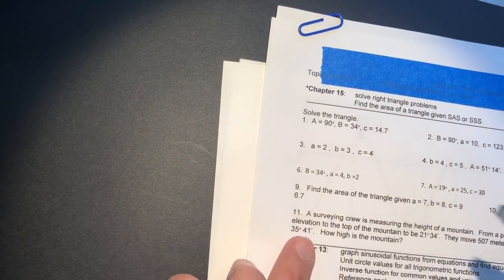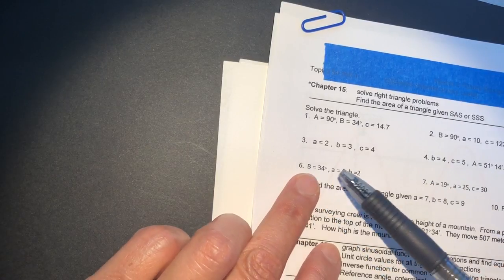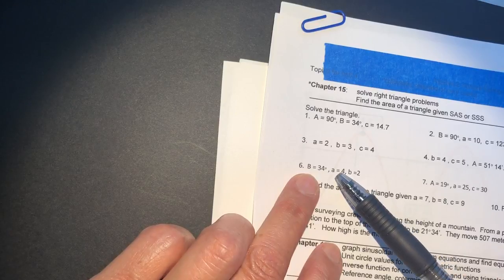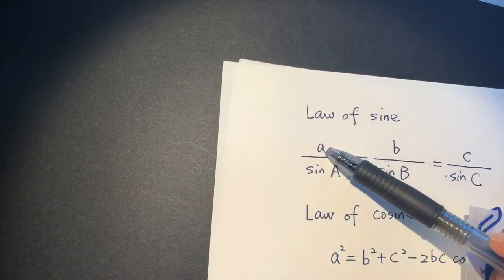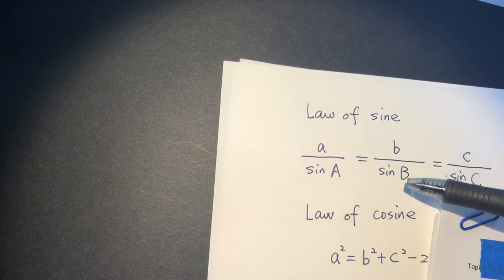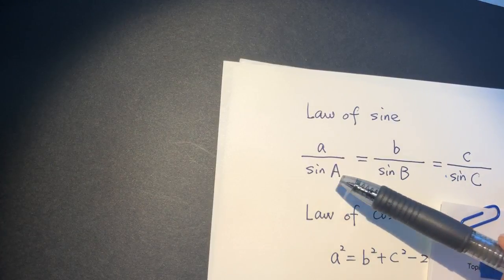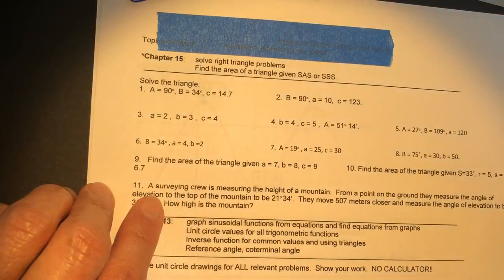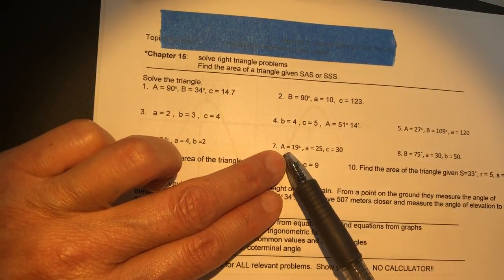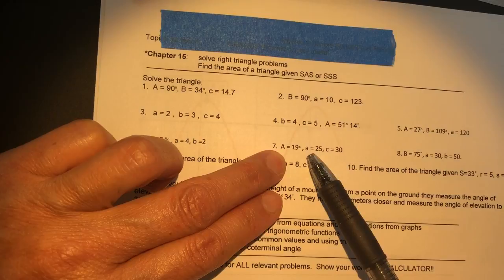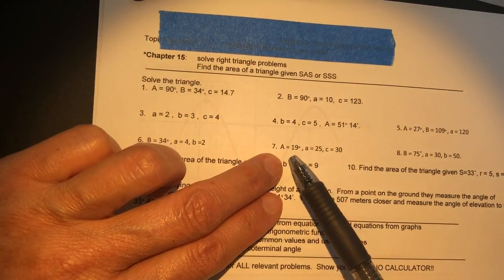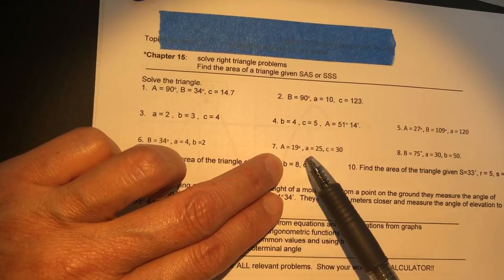okay, 6. I use exactly the same numbering system. We know b, angle B, and side b, and we know side a. We know side a, side b, angle B, so we can figure out the angle A. Question number 7, we know angle and its opposite side, so we can use the law of sine, right?